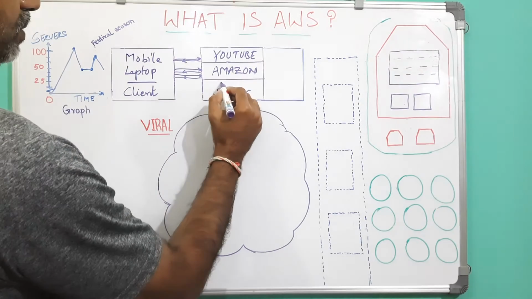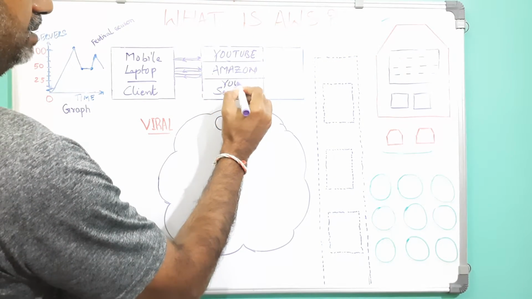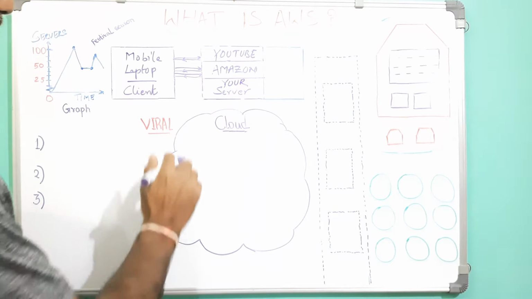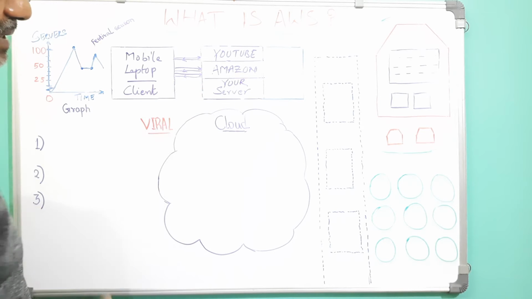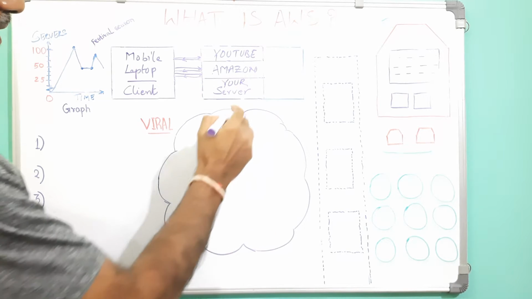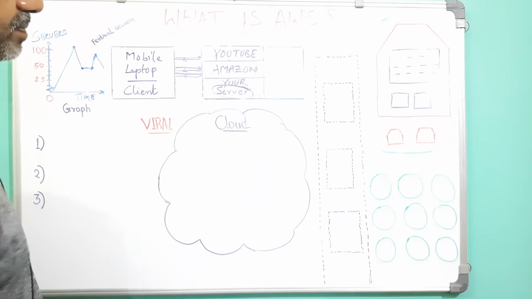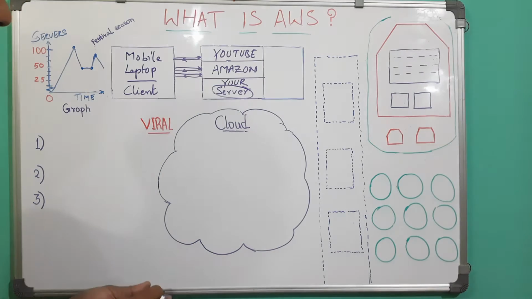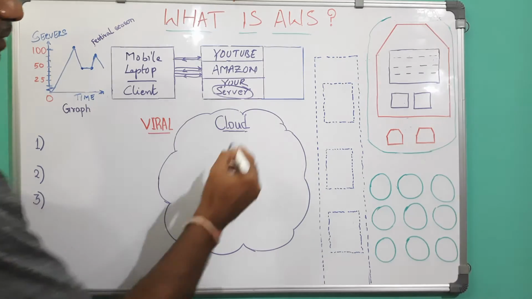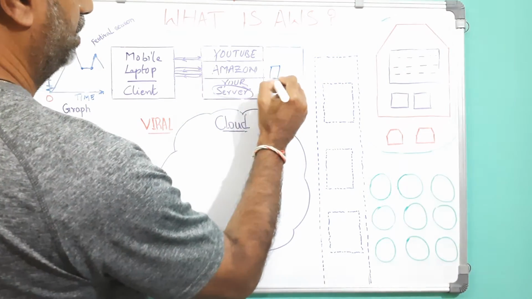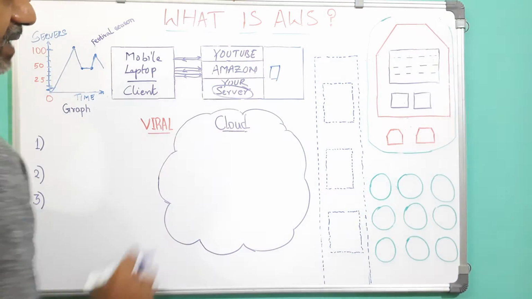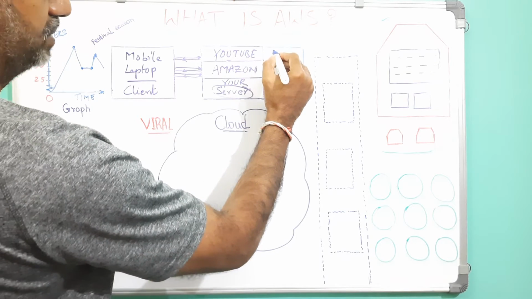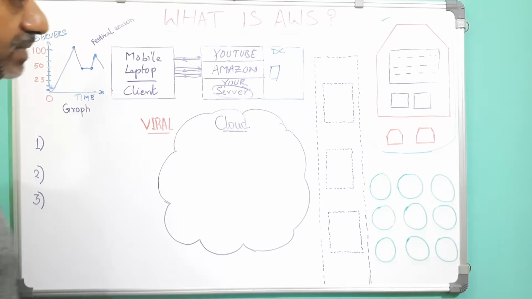Let's say you want to host your service, right? And you want your client to basically use your service, so you need basically a server. So you probably need one server which your mobile client will communicate with, and you may be hosting it in your data center.